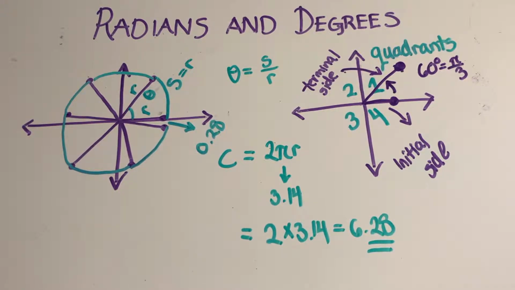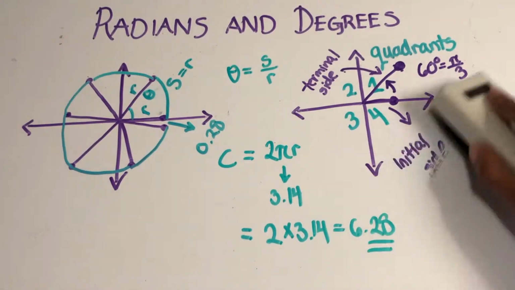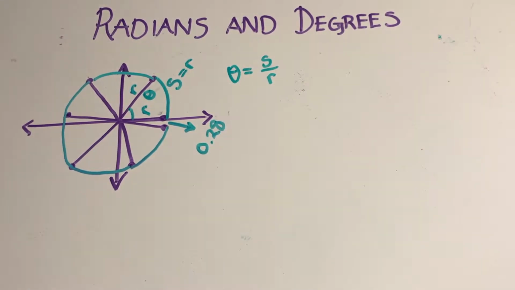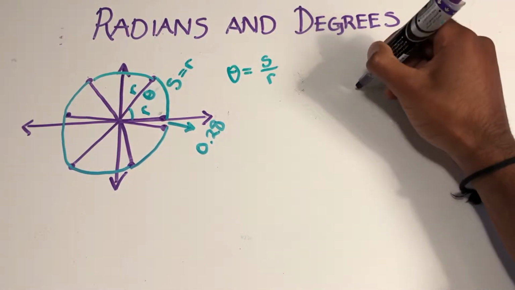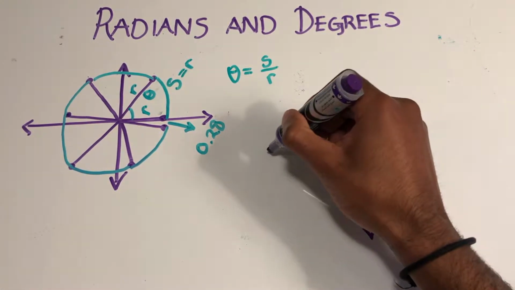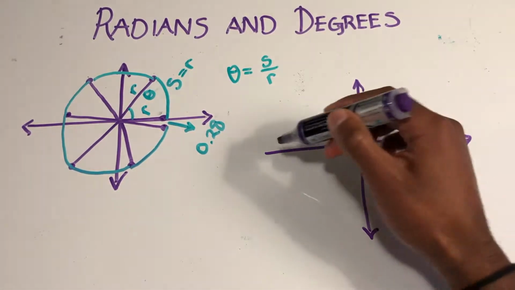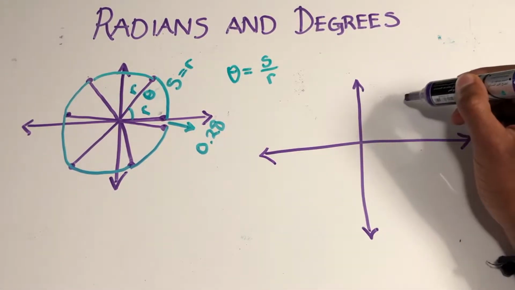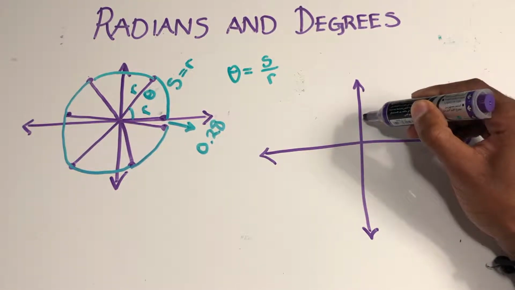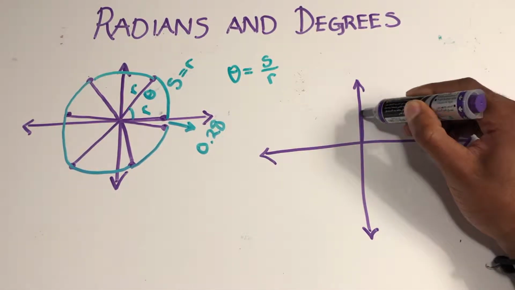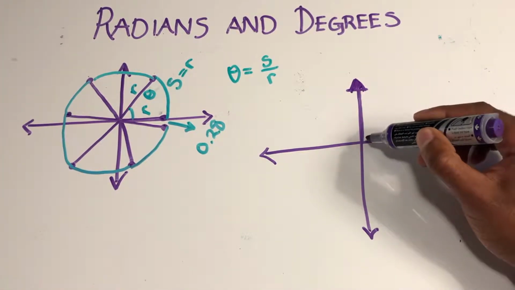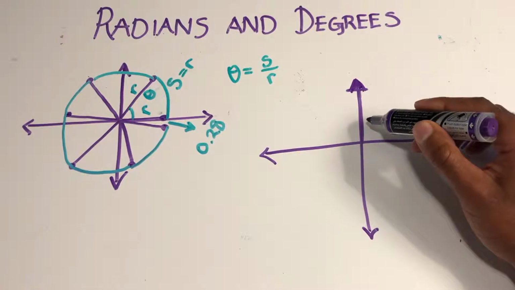Keeping this in mind, let me erase this here. If I were to construct another graph right here, let's say an angle starts to gain measure until it encounters the first line, the positive y-axis.